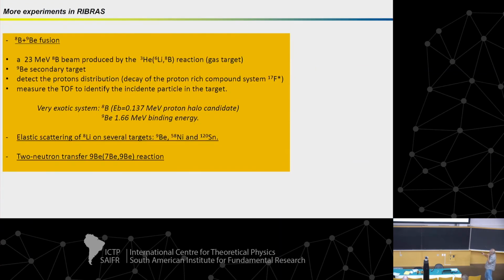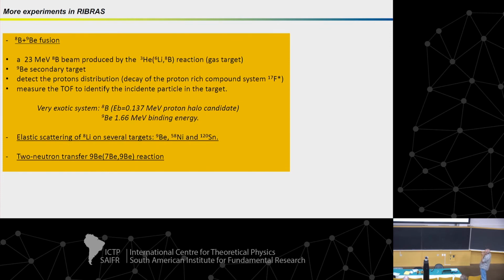More experiments that we are doing is, for instance, boron-8 plus beryllium-9. So the idea is to measure, when you collide boron-8 with beryllium-9, you have a very exotic system. Boron-8 is very weakly bound, only 137 keV binding energy.